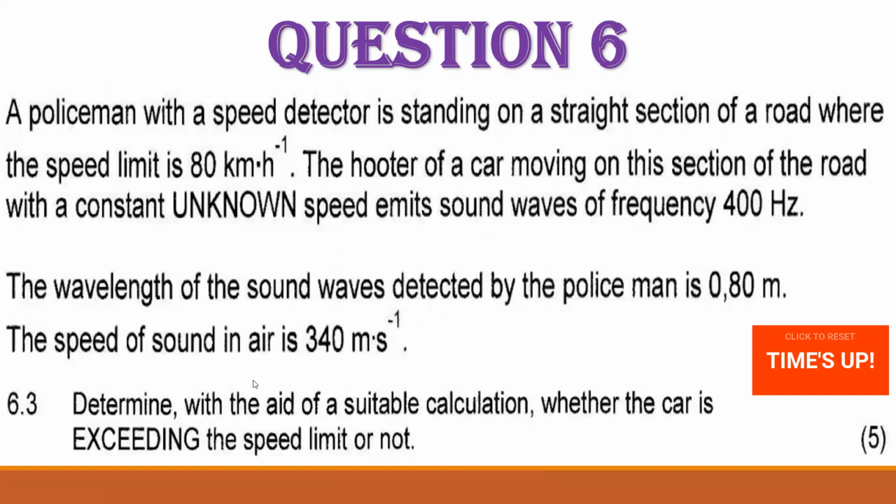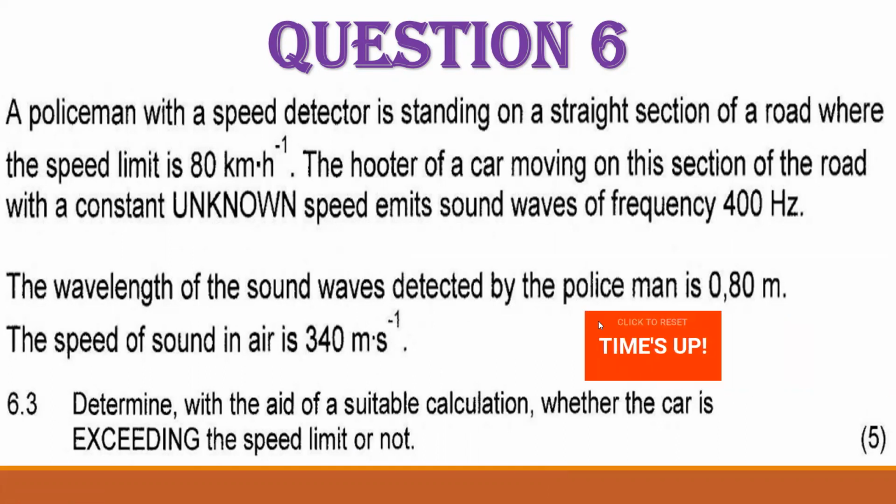Next question now. They're asking you, is the car moving over the speed limit or not? That's our question. So 80 km/h is the speed limit. What we are going to do, we will get the speed of the car by using the Doppler effect, and then we are going to say over limit or not.